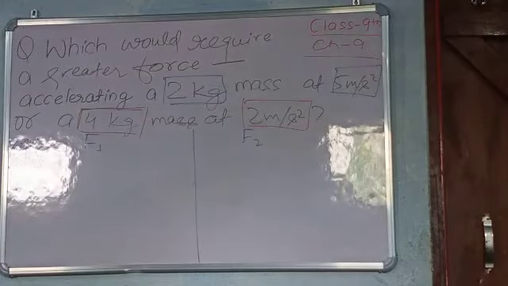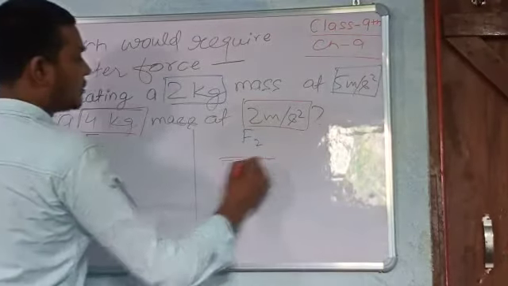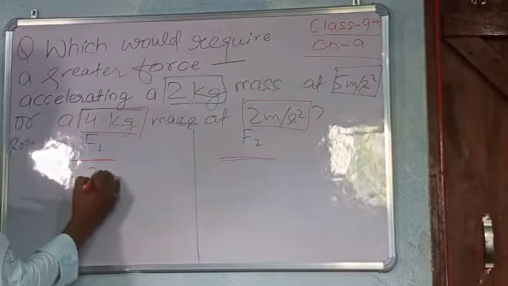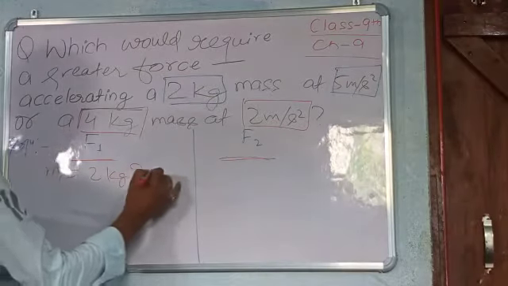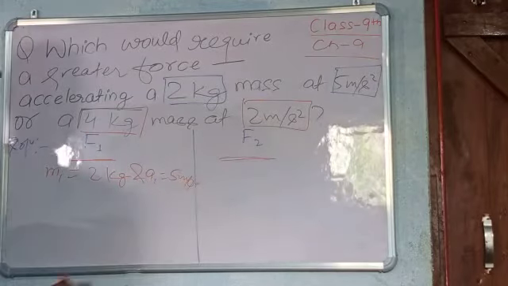Okay, now we divide the given values into two parts. First is F1 and second is F2. Now we have M1 equals 2 kg and A1 equals 5 meter per second square.